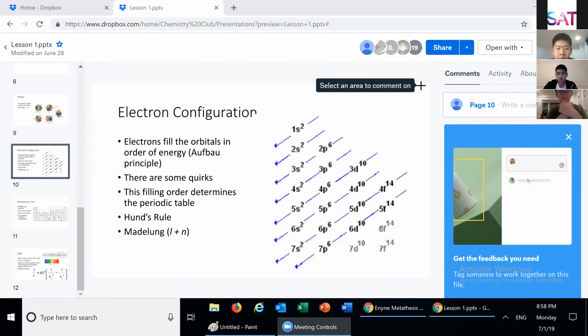A handy mnemonic for this filling order is Madelung's rule, the idea that you fill orbitals in order of n plus l. So orbitals with larger values of n plus l fill after orbitals with smaller values of n plus l.